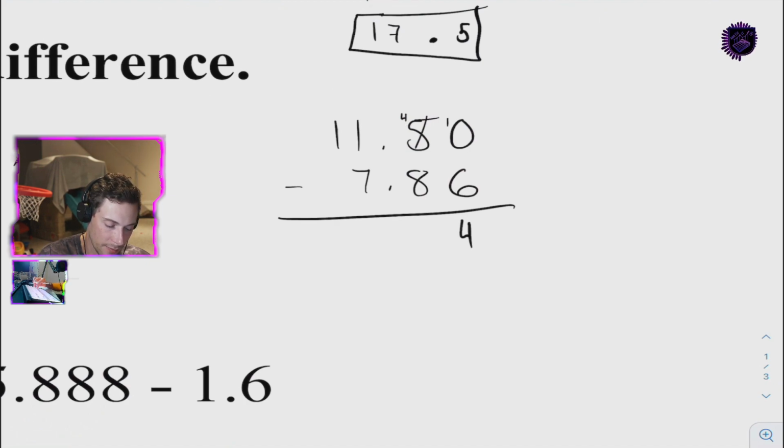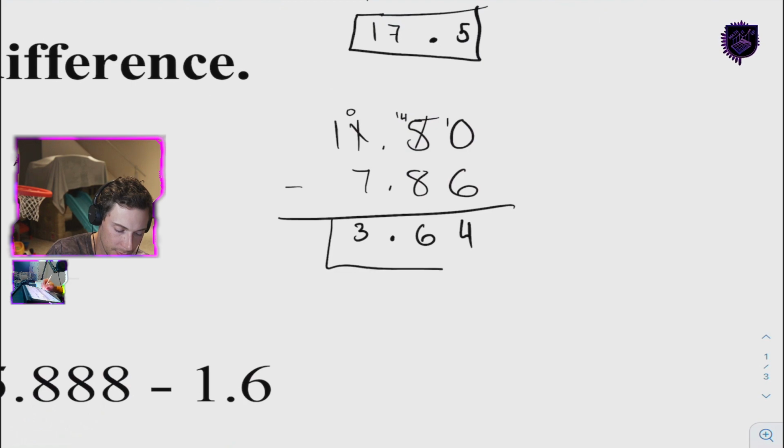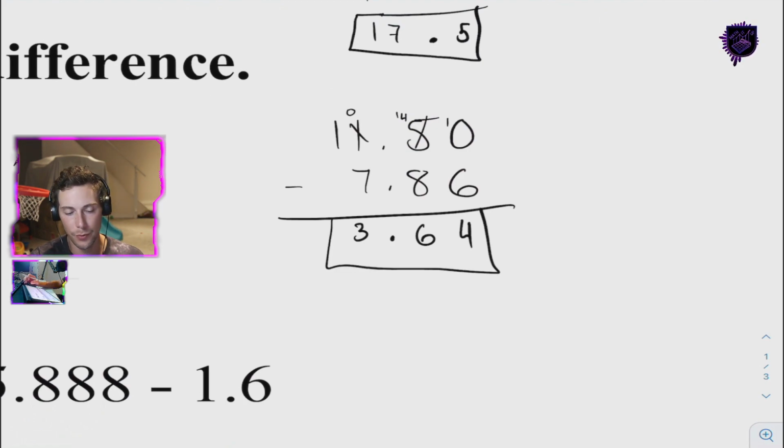It just doesn't work. So once again, we're going to borrow from the neighbor. That'll become 0. That'll become 14. So now we have 14 take away 8, and 14 take away 8 is going to be 6. We're going to plop that down there. And up here we have 10 minus 7, which is going to be 3. Oof. Borrowing.